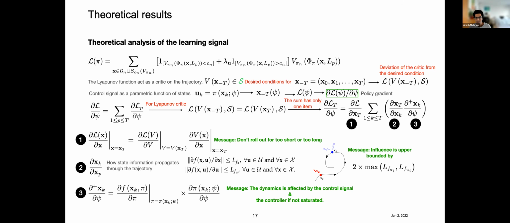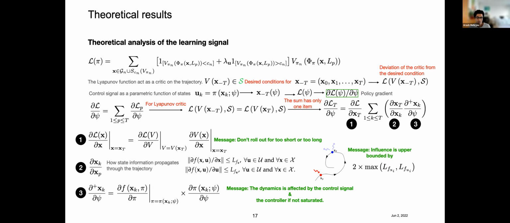Also, that is for the stable initial states, but if it's unstable, then we also have to be careful, because by rolling out the trajectory for too long, we go to some dangerous areas of the state space. The second term in this loss function is how the current state of the trajectory affects the future state of the trajectory, which is controlled by the dynamics of the system.